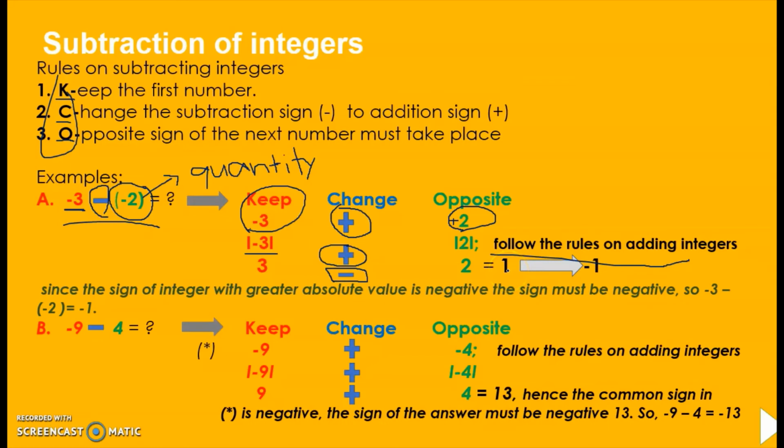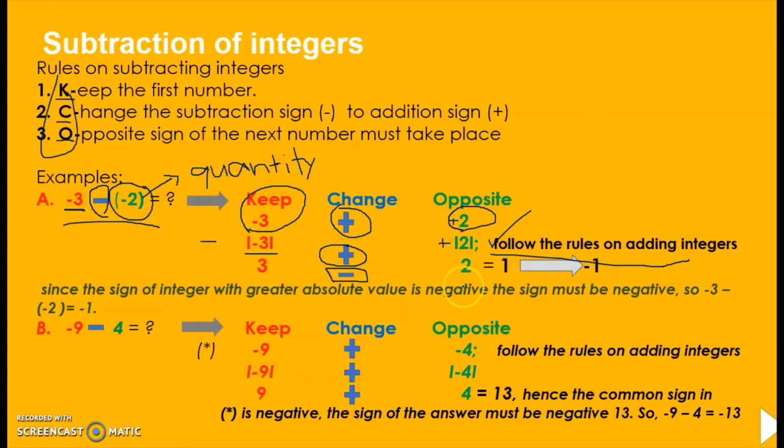But the question is this: as with the same rules we've used on adding integers, what is the sign of the integer with the greater absolute value? It is negative, and the other part is positive. So the sign of the integer with greater absolute value is negative.